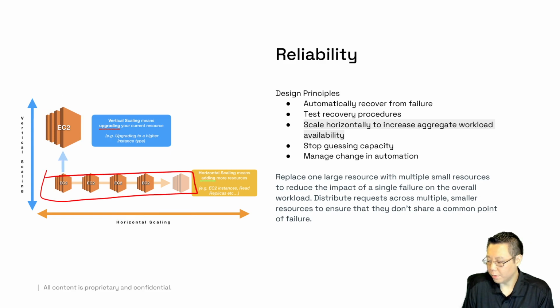So if one of them goes down, you're not dead in the water. You're still at reduced capacity, but you're not dead in the water. That increases your resiliency and reliability at the same time. Again, for horizontal scaling, just think of clusters and nodes: adding more nodes to your cluster as opposed to adding more resources by adding RAM or CPU.